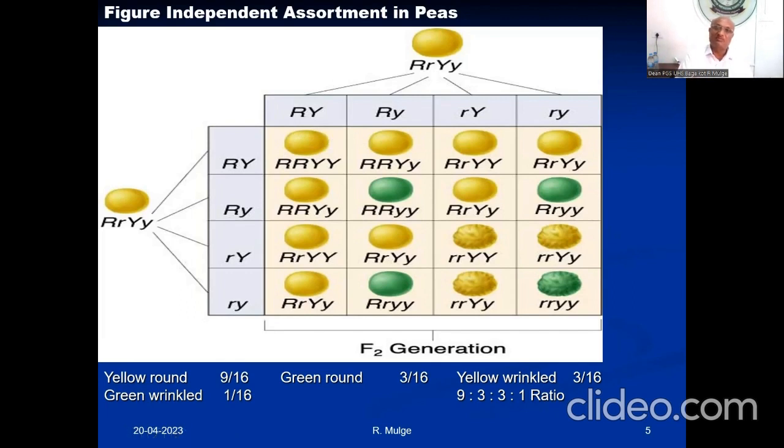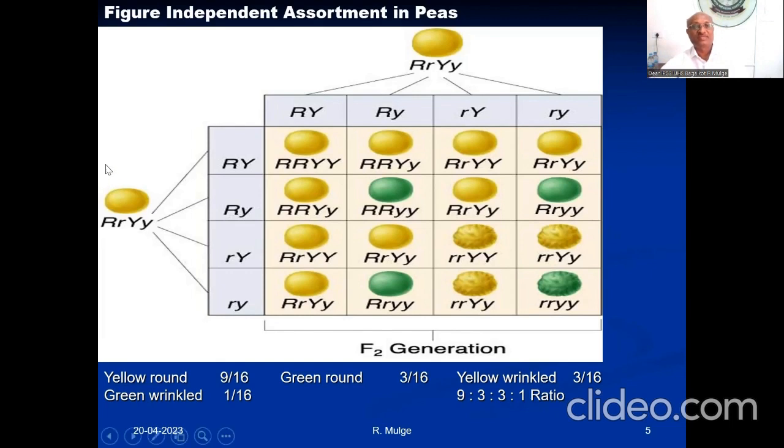Like that, all possible combinations of zygote formation, right? So this understanding is very important. Otherwise, you would not be able to plan how to breed for a particular character manipulation, right? So that's why this is very important.